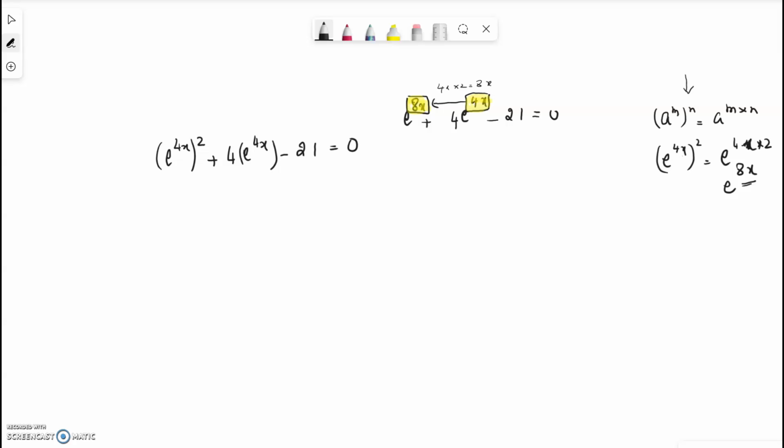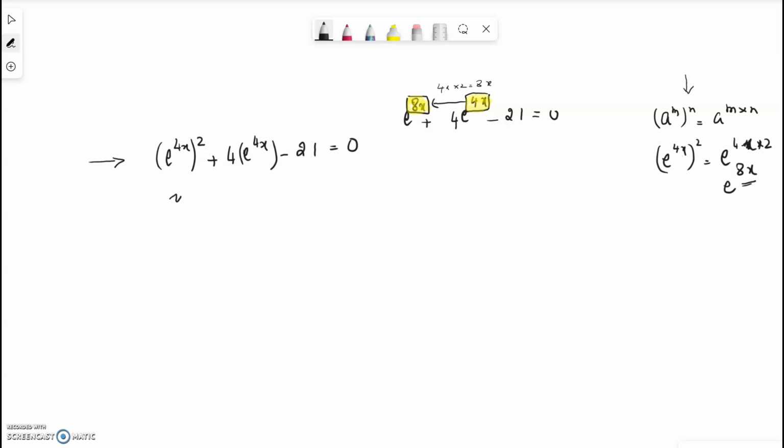So this is a special type of exponential equation that can be solved using the techniques that we use for factoring or solving quadratic equations. It can be solved either by factoring or by using the quadratic formula. So notice the pattern here.